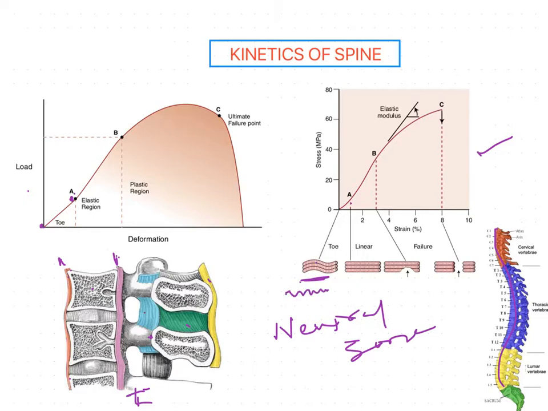If you increase the load from 0 up to this position, slowly the crimp is removed, and the fibers become straight. Once the straightness of the fibers occurs, some stiffness is developed, and that region is the point where the elastic property or elastic deformation begins.